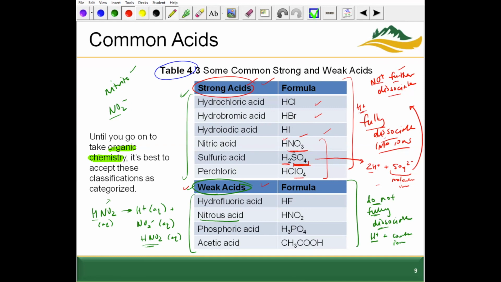If their counter ion is a polyatomic ion, we know that doesn't dissociate, because that's the molecular portion of the acid. Weak acids will not fully dissociate into H+ and their counter ion, so we'll still have H+, the counter ion, but also some of this original acid present on the product side.